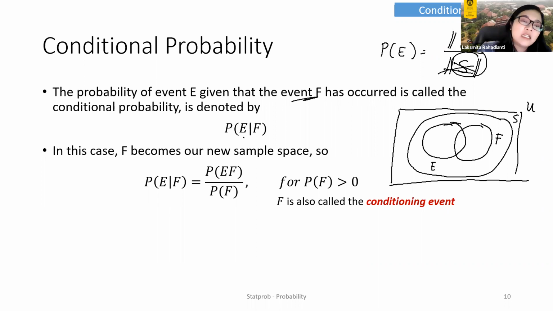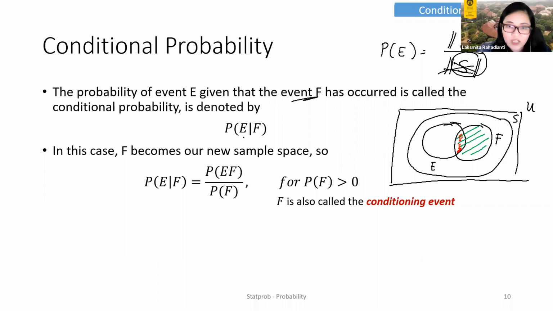But now we have an additional conditioning on the E that we're trying to compute. We only want to know E given F. So I want to know the probability of E happening if F happens. What we are actually considering is this particular area. And since F is the conditioning case, we need to know that F happens, so this is our entire sample space here.